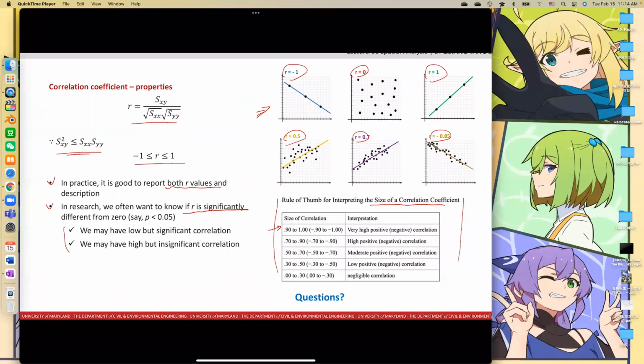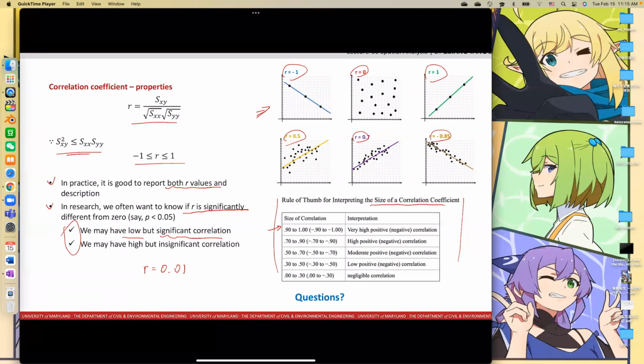And we may have two interesting situations. We may have a low but significant correlation, like the correlation coefficient is 0.01, but it is significantly greater than 0, which means the correlation is small or weak, but significant.